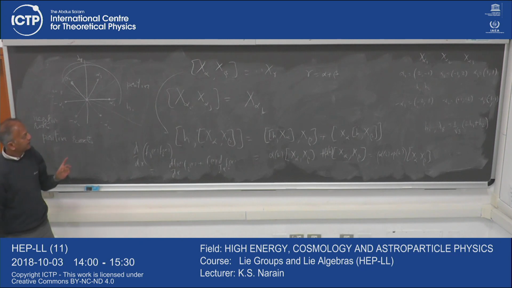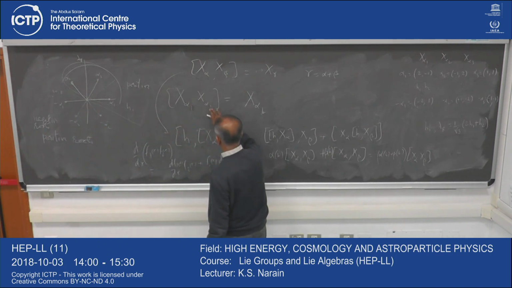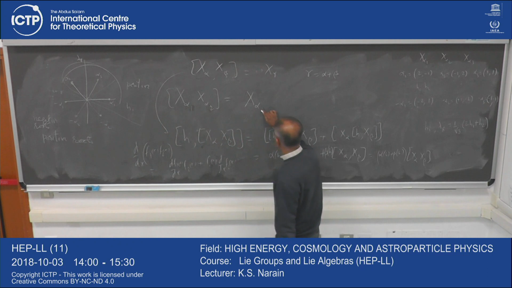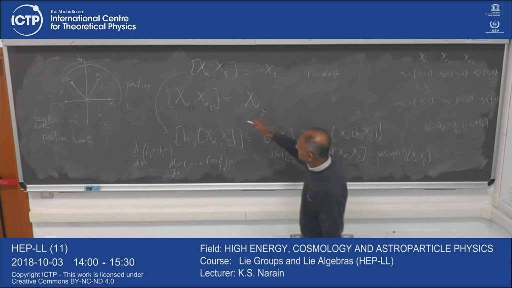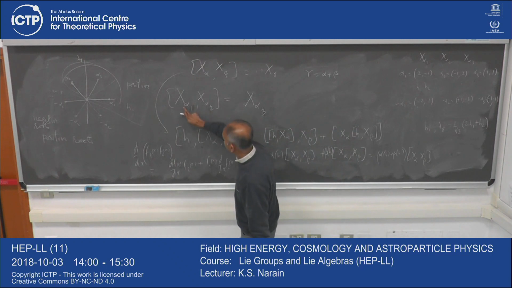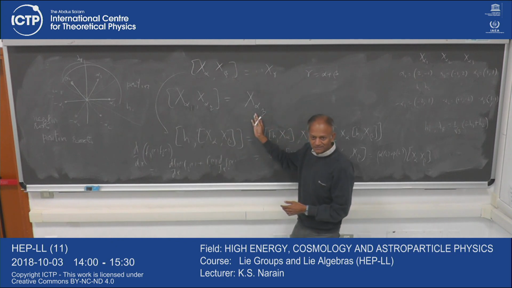The point is that if I look at the commutation of x alpha 1 and x alpha 2, it is x alpha 3. That means if I know how each of these acts on some vector space, then I already have that information.